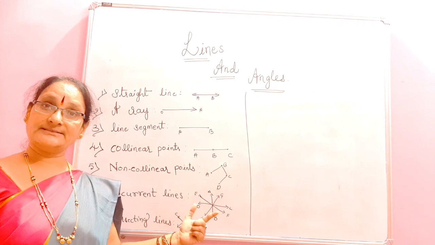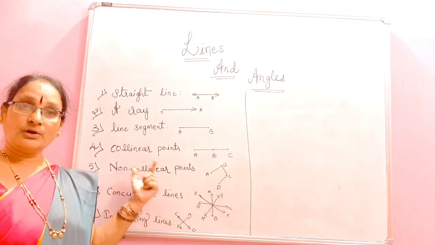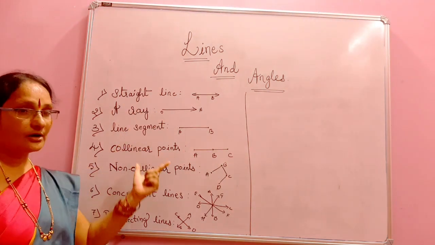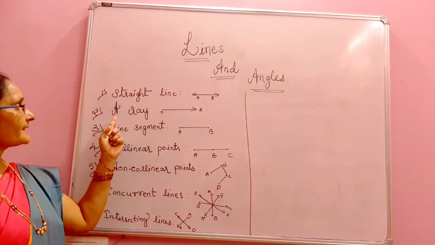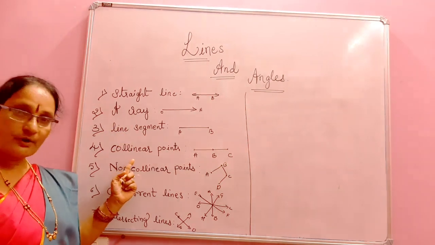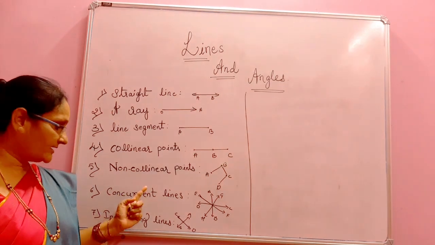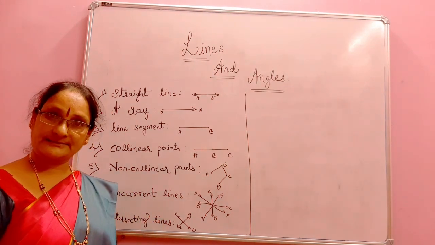Remaining kinds of lines you will learn in the higher classes. Now, I want to explain you these all kinds of lines. The first one is straight line, a ray, line segment, collinear points, non-collinear points, concurrent lines and intersecting lines.